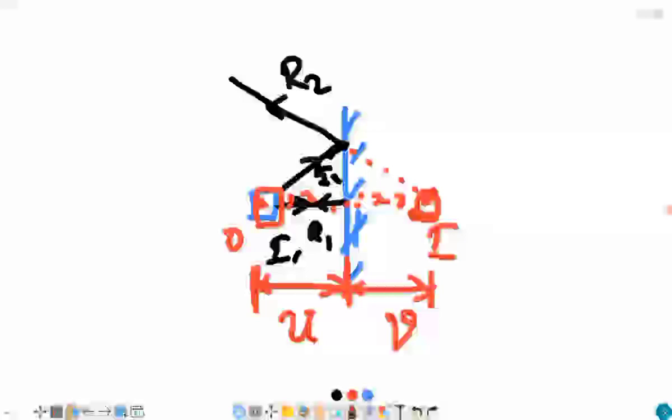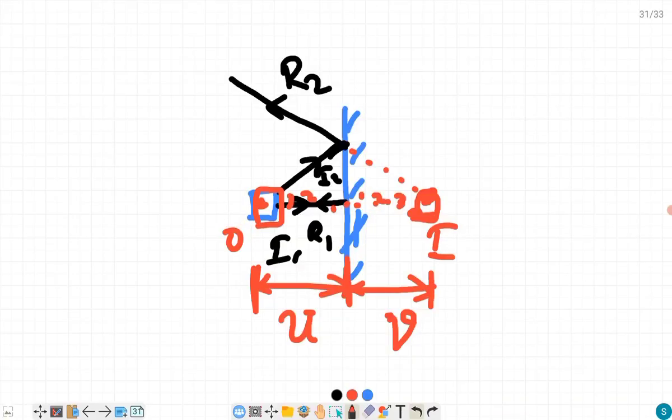Understood? The same size you can see in the mirror. If you stand yourself also, you can observe. Or you take any small object in your hand, it will be the same. These are the two characteristics. The object distance and image distance will be equal.